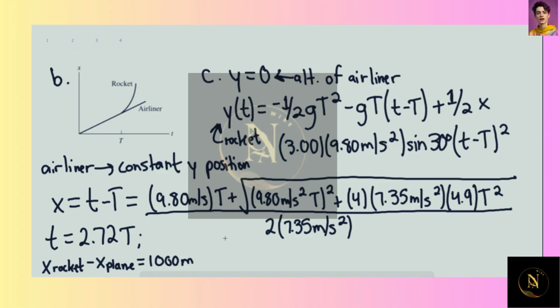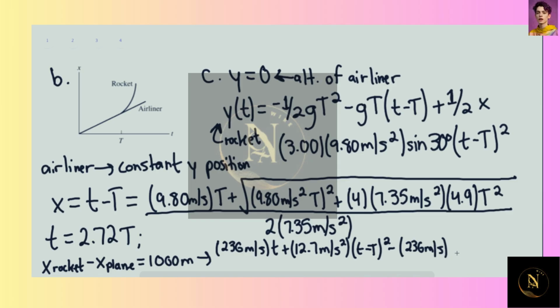And so then we find here 236 meters per second times t plus 12.7 meters per second squared times t minus T squared, minus 236 meters per second times t, would equal 1,000 meters.